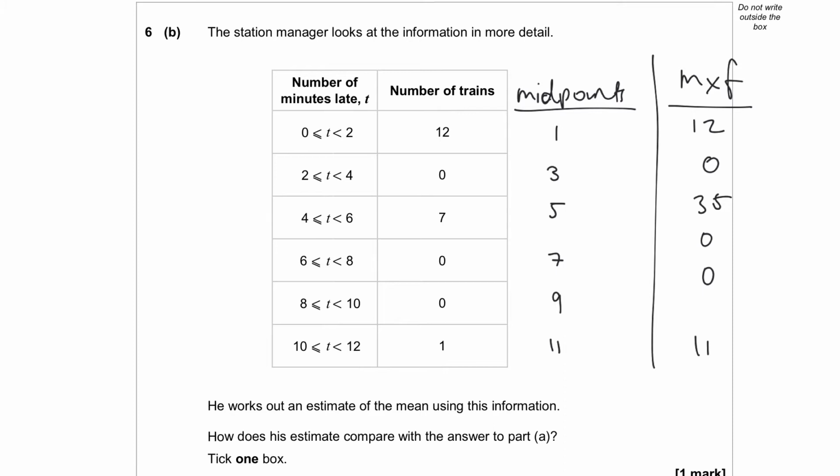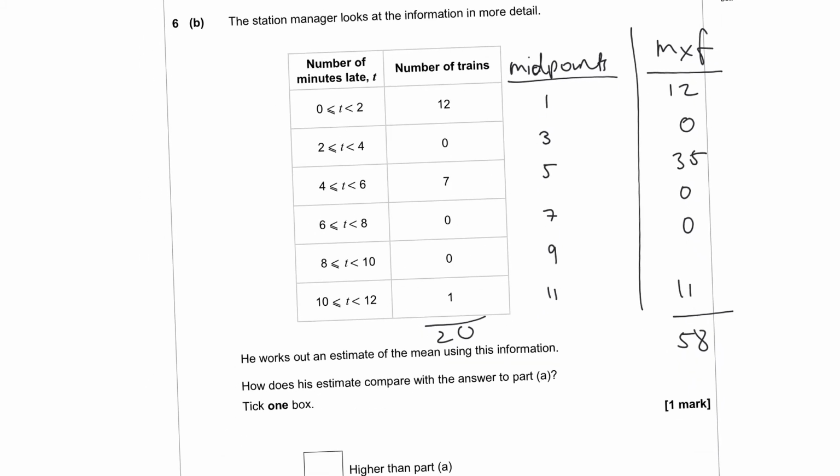Add them all together into your calculator. So that would be 12 plus 35 plus 11, which gives you an answer of 58. And our total here is still the same as before, 20. So our grand total of 58 divided by 20 would give you an answer of 2.9 in your calculator.